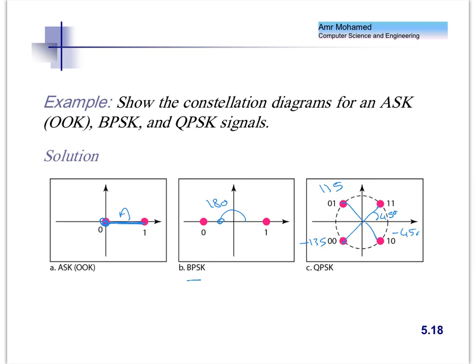All of them have the same amplitude, but different phase. We have 3 bits, so we'll have 8 of these, yes. So if we start from 0, we'll have something like this, and then this, and then this, and then like this. Okay?